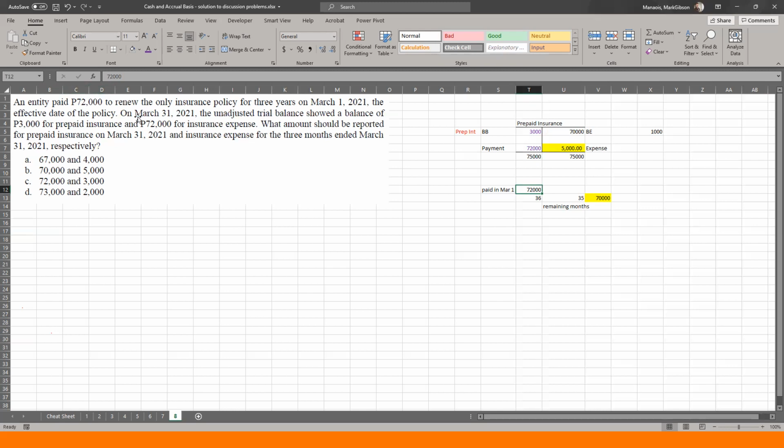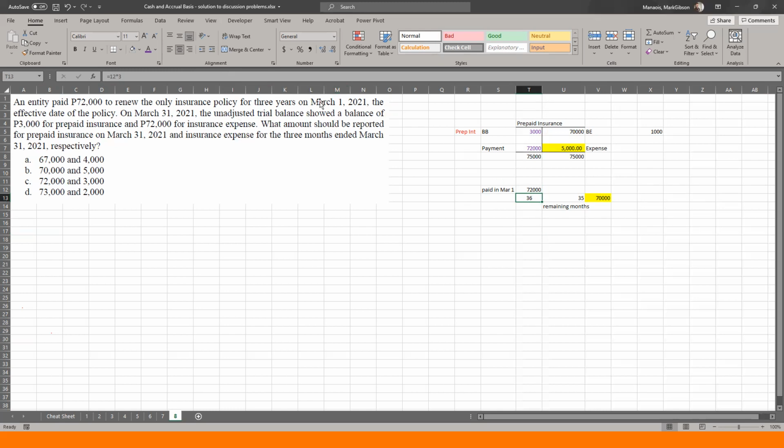So remember, this 72,000 paid for the insurance premium represents 3 years. So to get the monthly amount, that's 72,000 divided by 36 months, because 3 years multiplied by 12 months would be 36 months. How many months have lapsed?